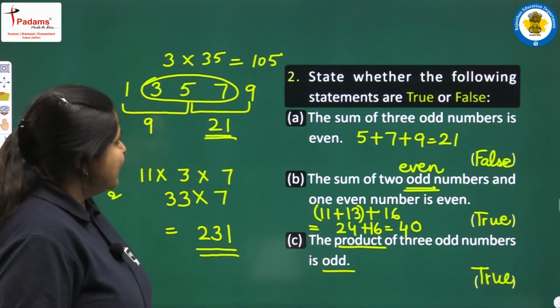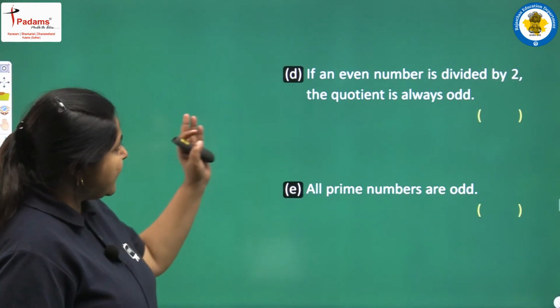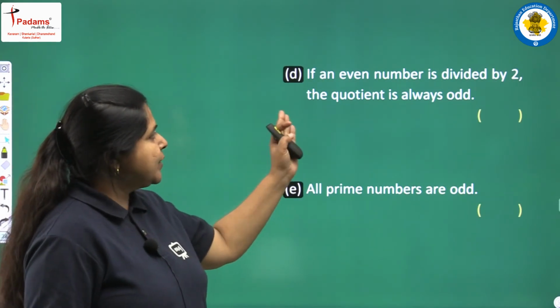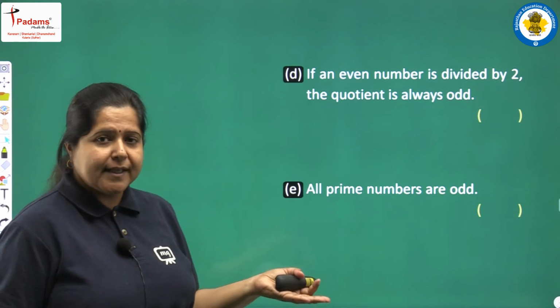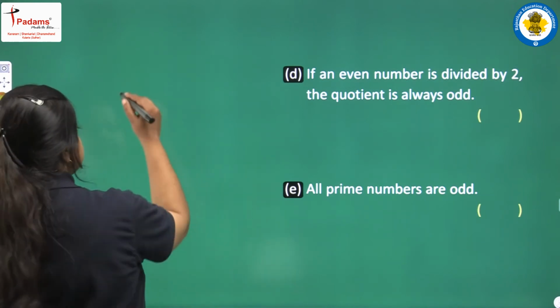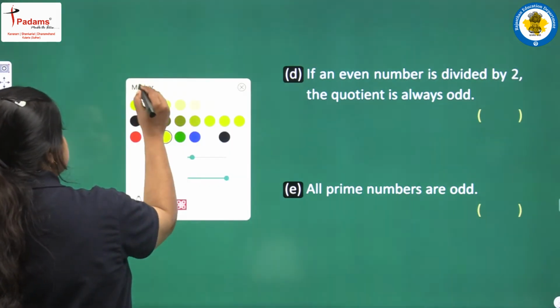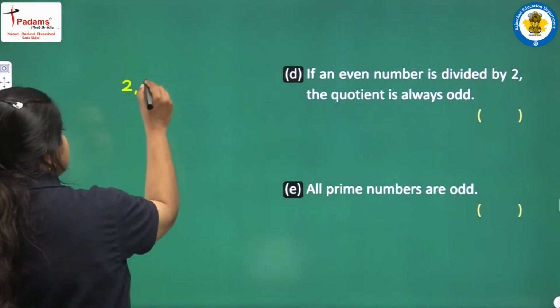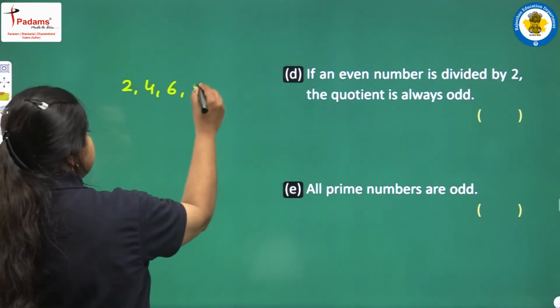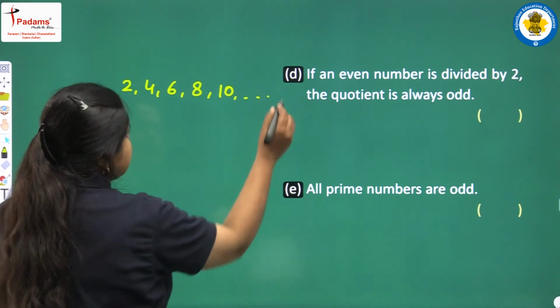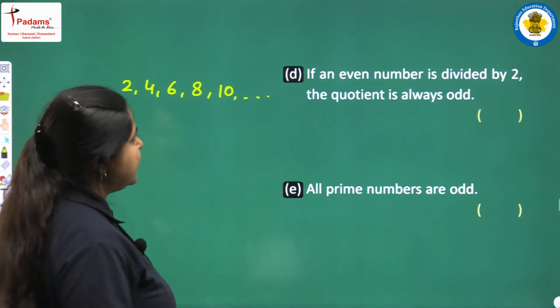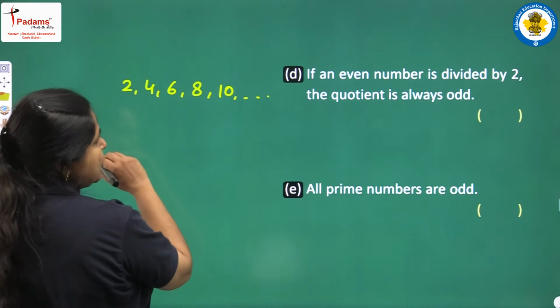Then we have some more statements. If an even number is divided by 2, the quotient is always odd. Let us write down the even numbers. We know 2, 4, 6, 8, 10 and so on. They are even numbers. If we divide by 2, what do we get?